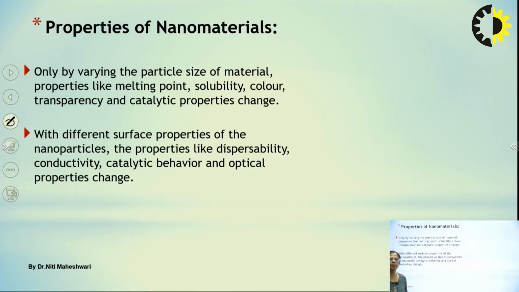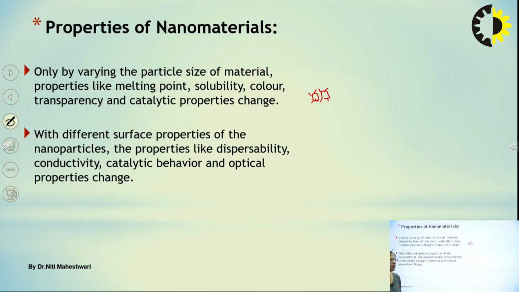Coming to the properties of nanomaterials, by only varying the particle size, properties like melting point, solubility, transparency or the catalytic properties are going to change. When we break down the particle size into a smaller size, you can see that the number of points and edges is going to increase.